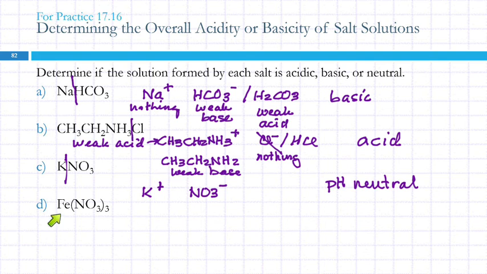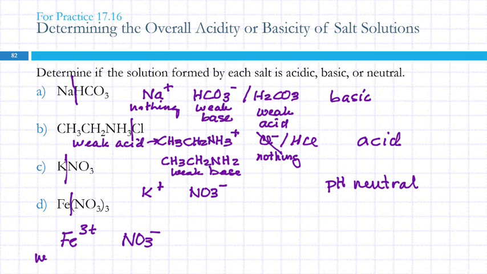And then our last one here, Fe(NO3)3. So we got Fe there, and we've got NO3 minus. There's 3 of them, it doesn't really matter. Does this act as an acid? It does, because that's Iron Man. Iron Man and Al, they act as acids.